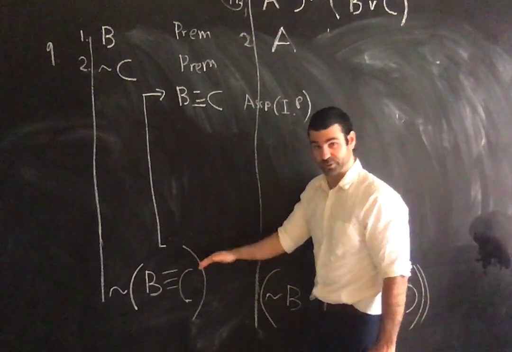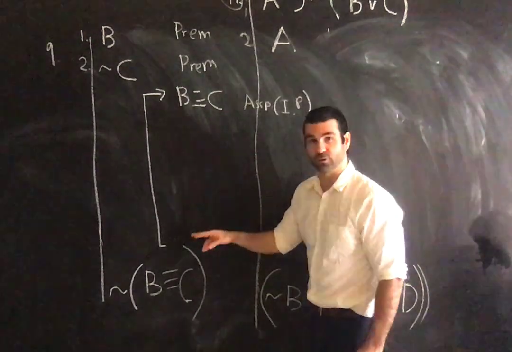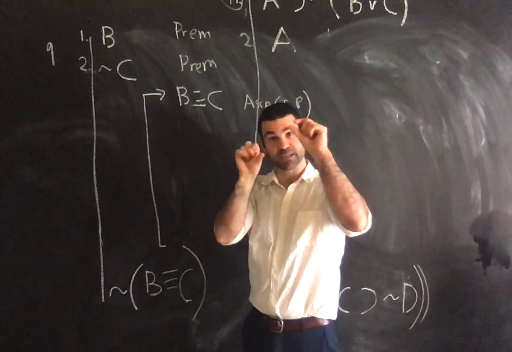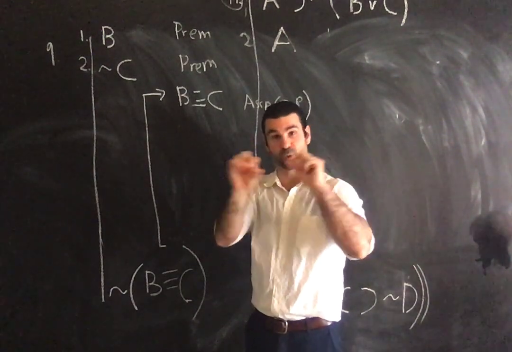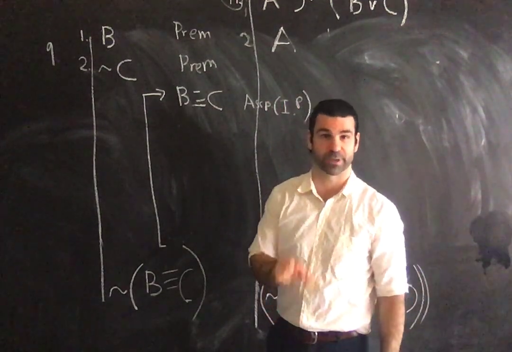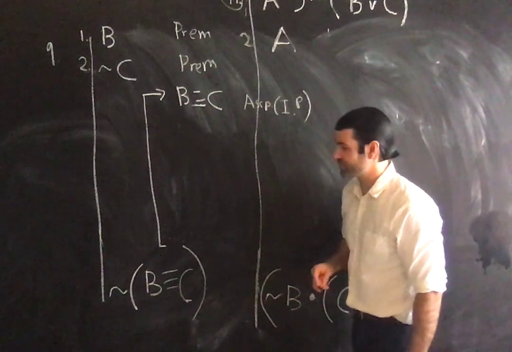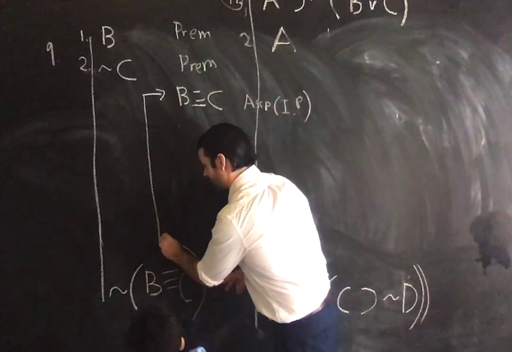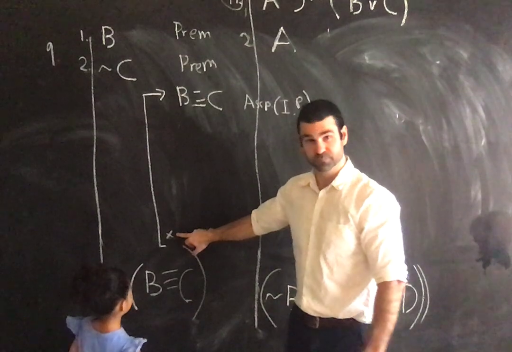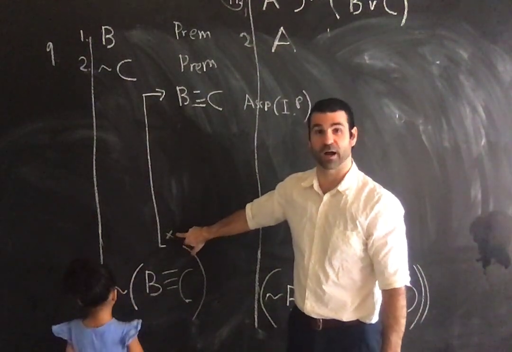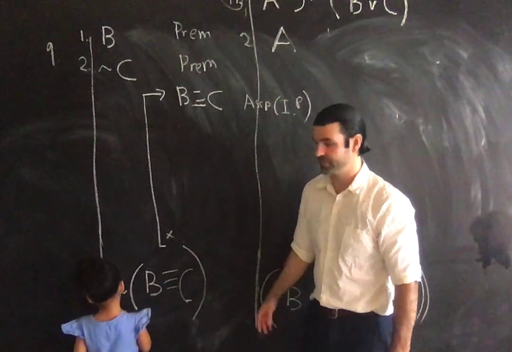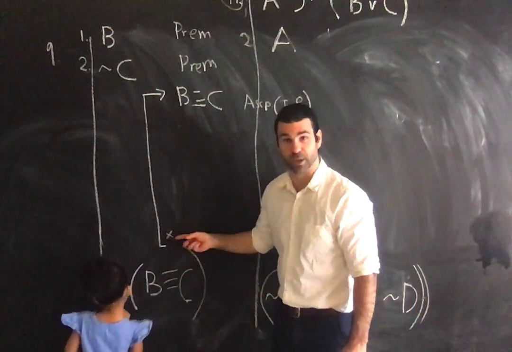Conditional proof, I told you how it went. Indirect proof, right? What's the form? We had it up before: assume P, derive something of the form Q and not Q. That's the last line of the subproof, and then you discharge the assumption, move back to the main line to derive not P, right? So what I do is when I'm setting up for indirect proof, I put a little X here, meaning I know that I have come to the end of my subproof for indirect proof when I have derived some contradiction.